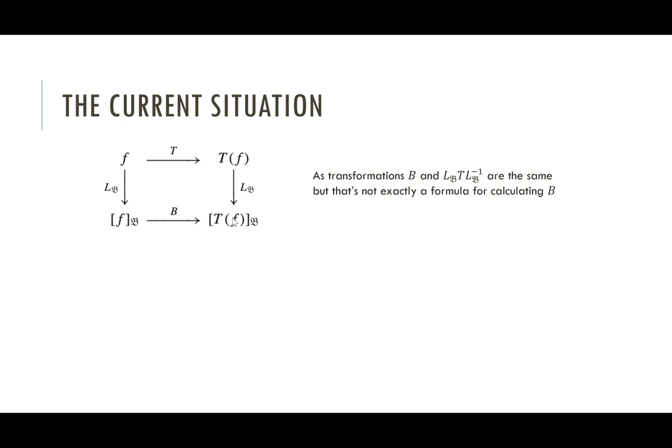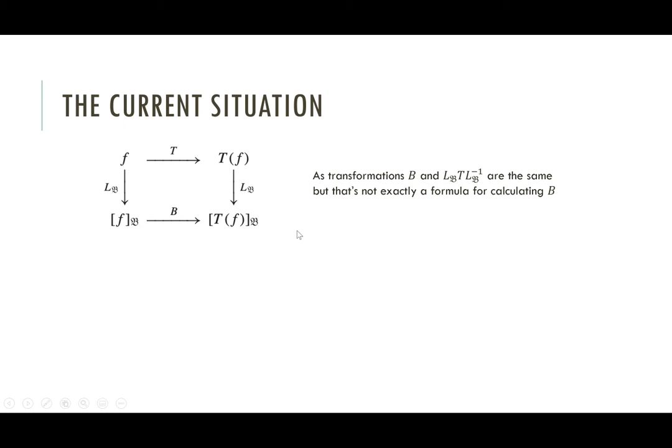But that's not exactly a formula for calculating B like it was before, because before we just had matrix, matrix, matrix, multiply 3 matrices together, you get a matrix. But here, this is like abstract linear transformation, abstract linear transformation, abstract linear transformation, which gets you from here to there. So they start and end at the same place. But how does that get you B?